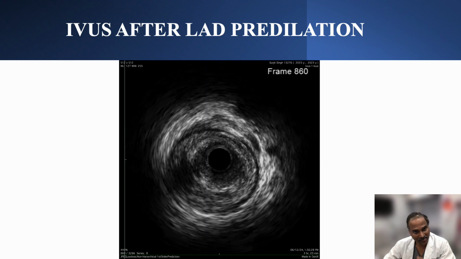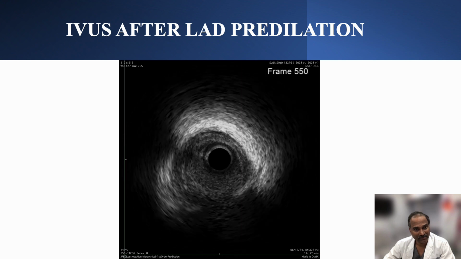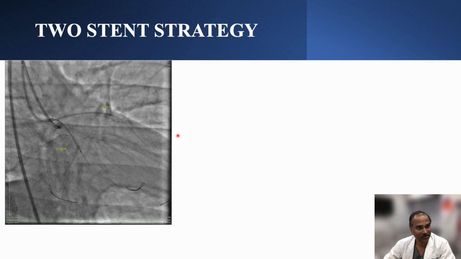So we confirmed that all the branches are coming from the same lumen, and then we went ahead with subsequent stenting with the 2-stent strategy.